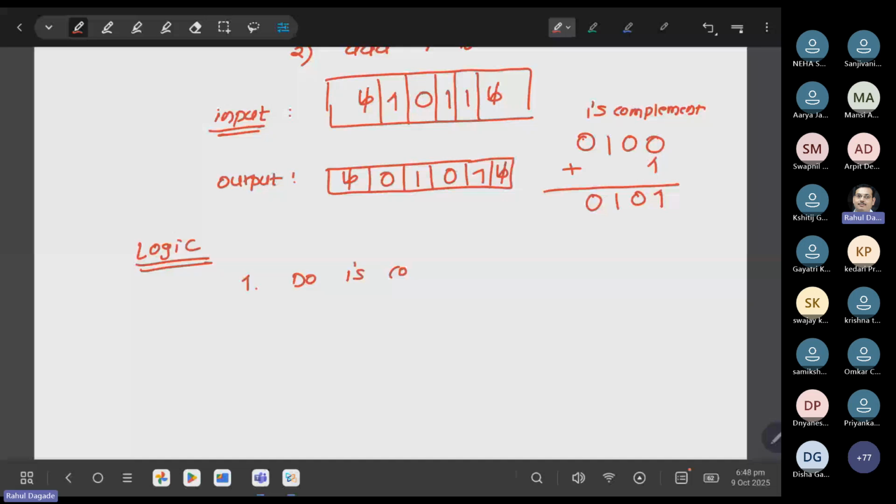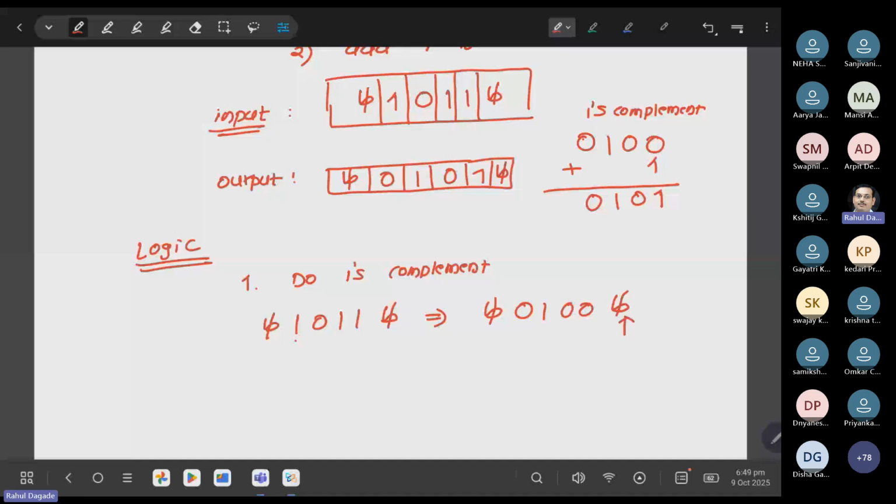Initially our head will be here, and after 1's complement the head will move to the right and stop at blank. Now what we have to do is take the head back again and add 1.